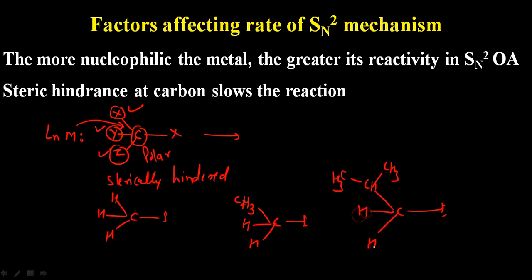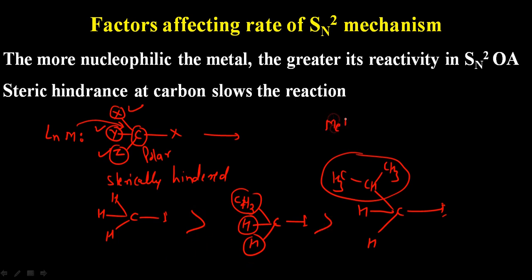So the presence of these bulky groups will hinder the attack of the metallic nucleophile. Greater is the steric hindrance, lesser is the attack. So what is the best way? Methyl iodide will react faster than ethyl iodide, then isopropyl iodide.